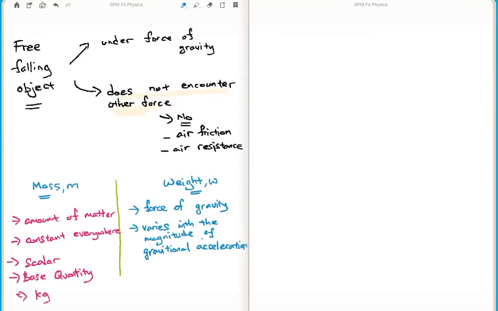You get 1/6 of your weight if you're on the moon. It's a vector quantity because weight is always towards the Earth. And it's a derived quantity, kg m s^-2, with a special unit called the Newton. So that's the difference between these two terms.